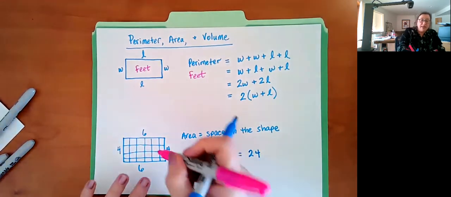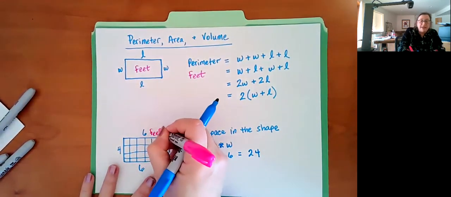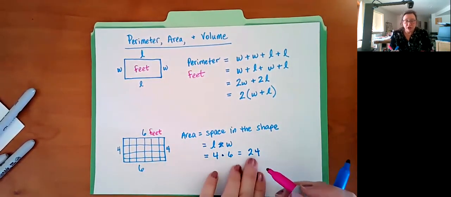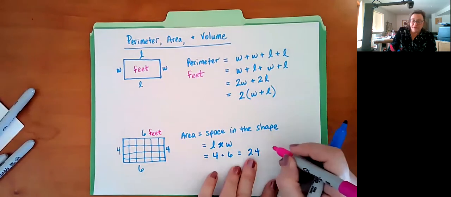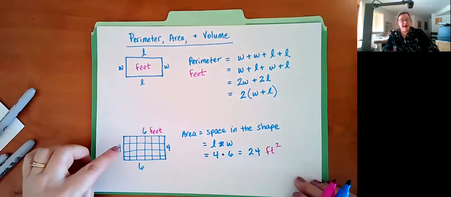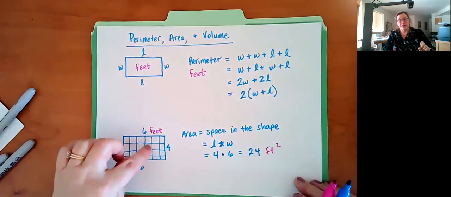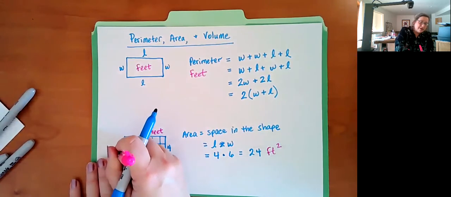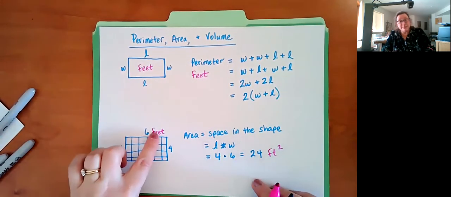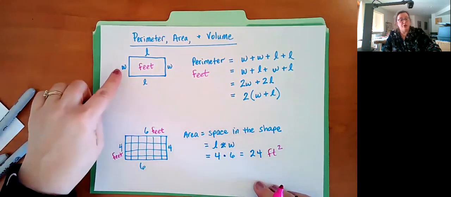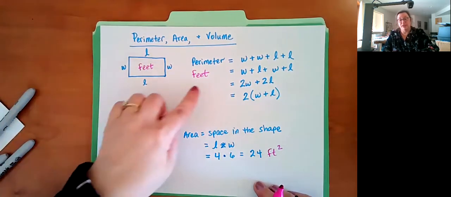Again, let's assume that I am measuring in feet. That means that my answer is going to be 24 square feet because I've drawn all these little squares in the middle. You could also think of it as feet times feet, which gives us feet squared. Up here, we're doing feet plus feet, which still gives us feet.